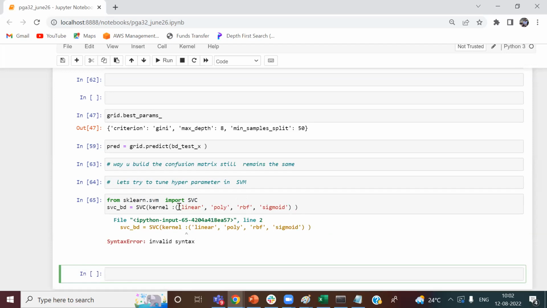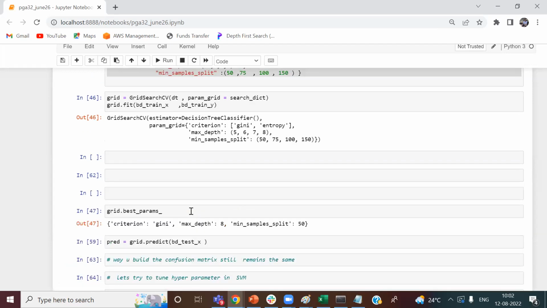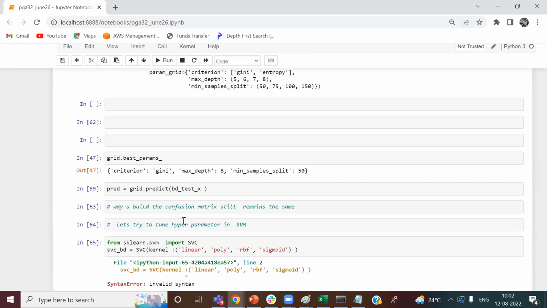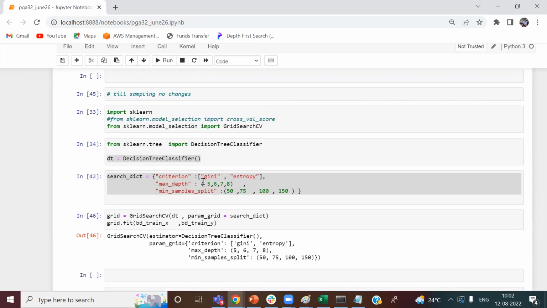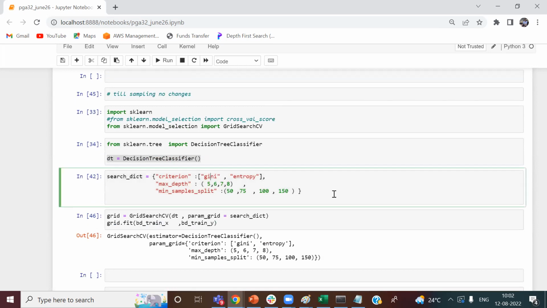क्या प्रॉब्लम है सर? No, sorry, my mistake. सर्च डिक्शनरी निकाल लेते हैं.